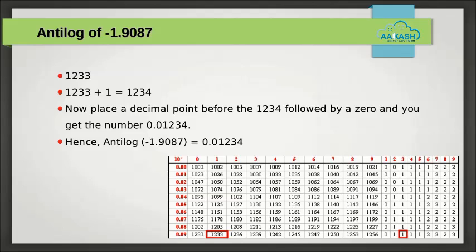Now place a decimal point before the 1234 followed by a 0, and you get the number 0.01234. Hence antilog of minus 1.9087 equals 0.01234.